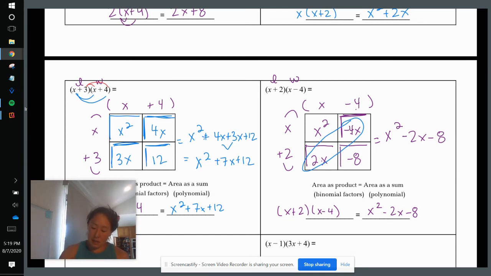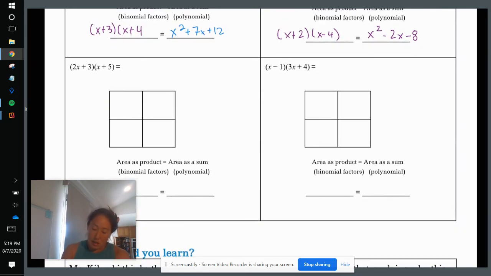Okay, next. Last two. I'll do this one with you. This is our length times our width. So we do 2x plus 3 times x plus 5. Okay, multiply everything. So I get 2x times x gives me 2x squared. 5 times 2x is 10x.